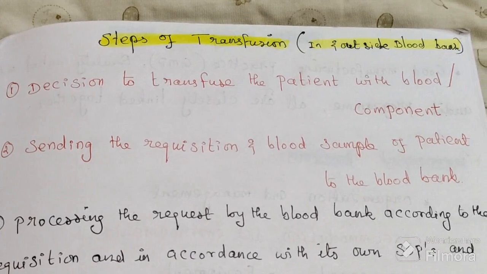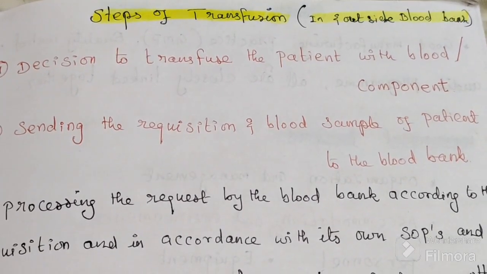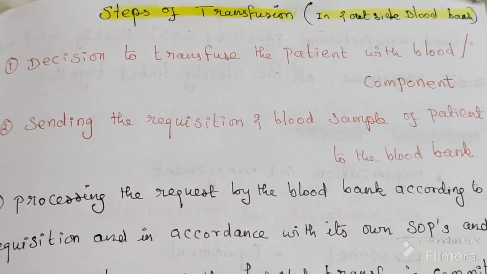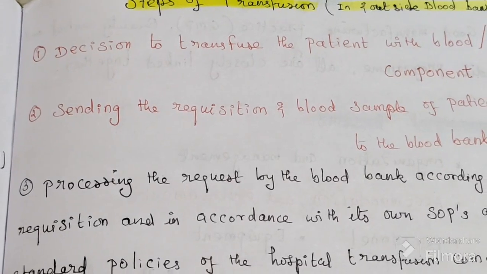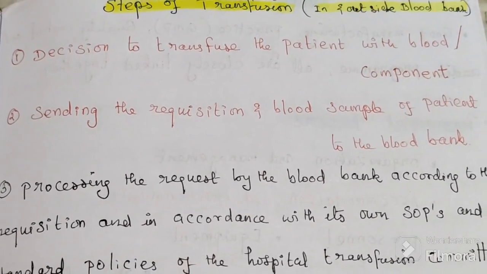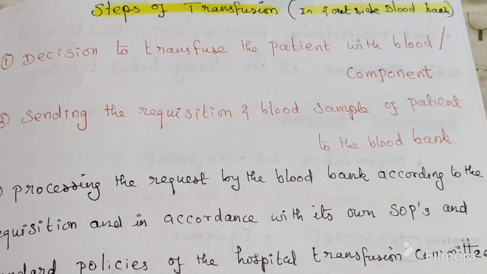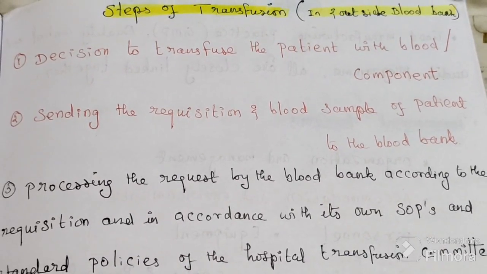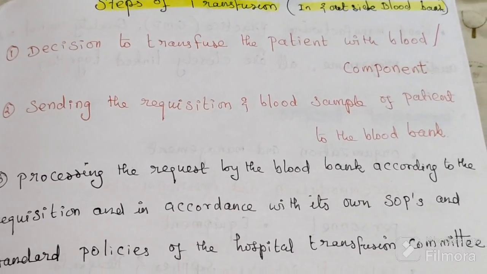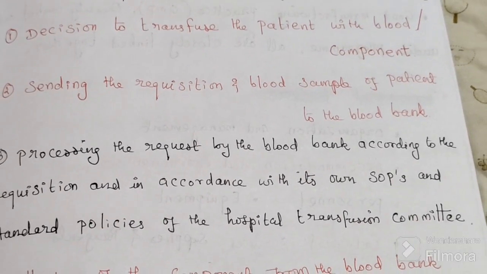What are the steps? Decision to transfuse the patient with blood or blood component, then a requisition is sent to the blood bank, then the request is processed by the blood bank according to the standard operating procedure.